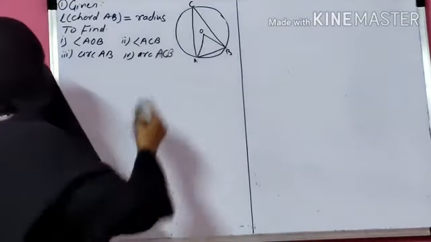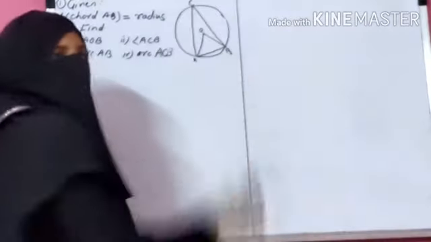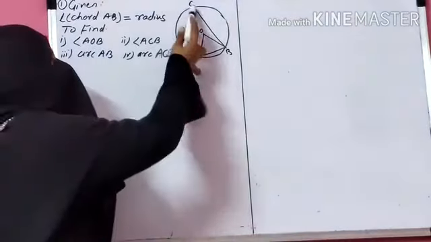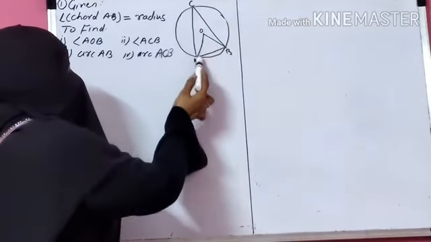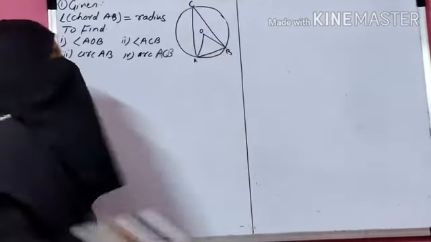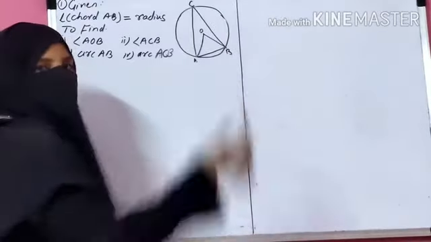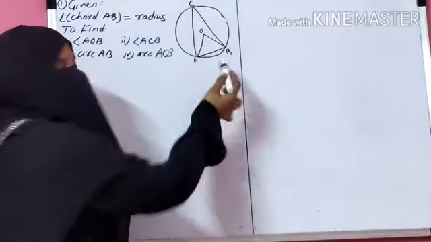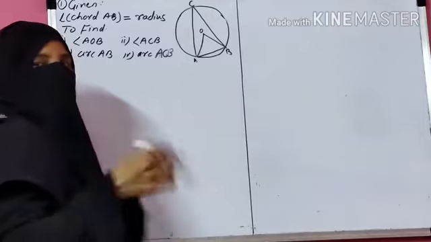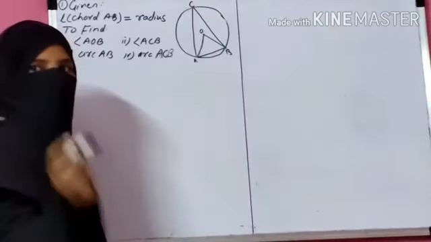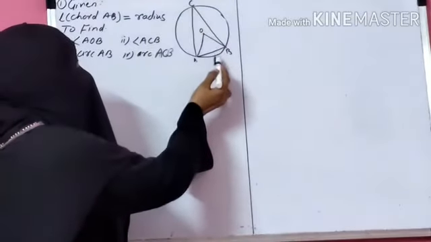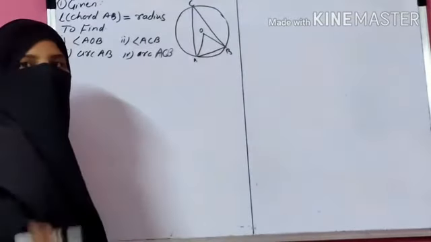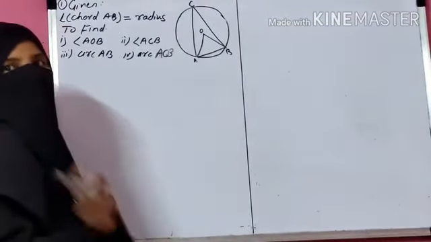Got it? Now the second one, ACB. Angle ACB lies on the circumference of the circle, so angle ACB, by the inscribed angle theorem, is half of the intercepted arc, that means half of arc AB. In the previous lecture we discussed the theorem of inscribed angle. Now the next is arc AB. The measure of arc AB is equal to the measure of the central angle, that is the central angle theorem.